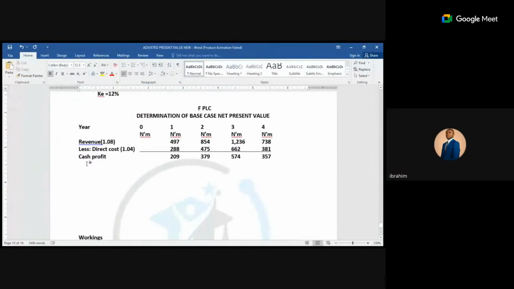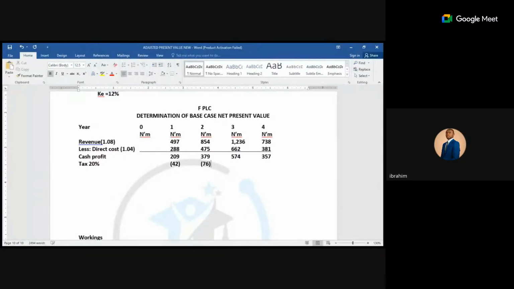So what is the tax? Tax is 20%, and it is being paid in the year at which the profit is being made. So what is the 20% of 209? 42. 76.